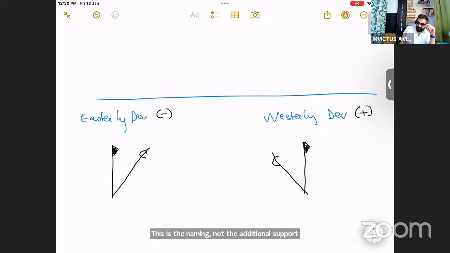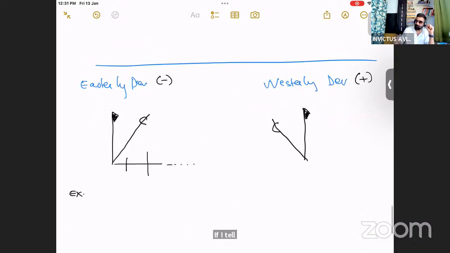Now, if I give you an example, and I tell you this is my aircraft's actual heading. What is the heading of the aircraft? The direction in which the longitudinal axis points. So this is the heading. If I tell you in this example the deviation is minus 10, it means this is easterly deviation.